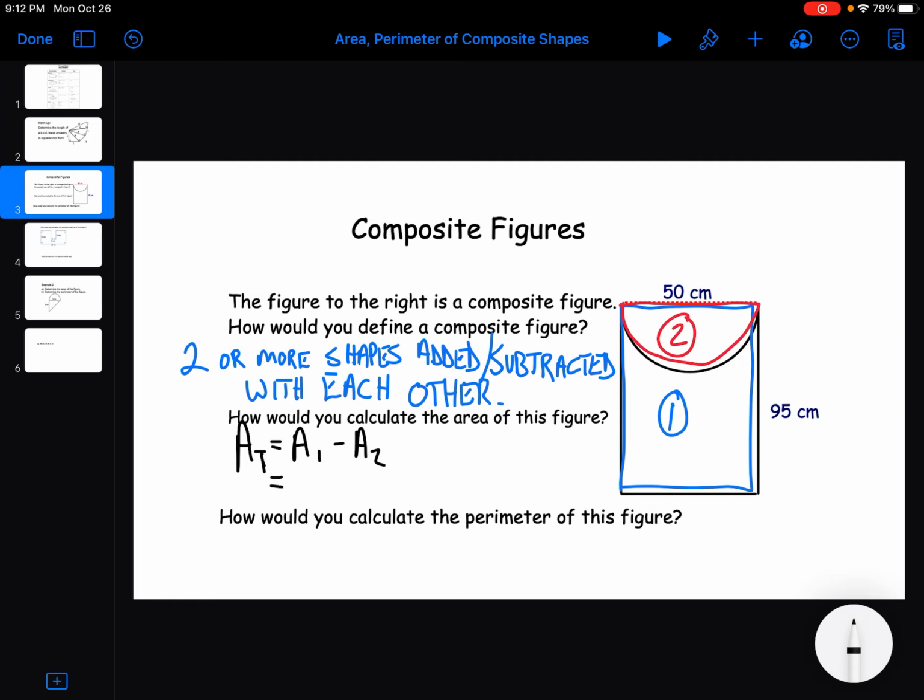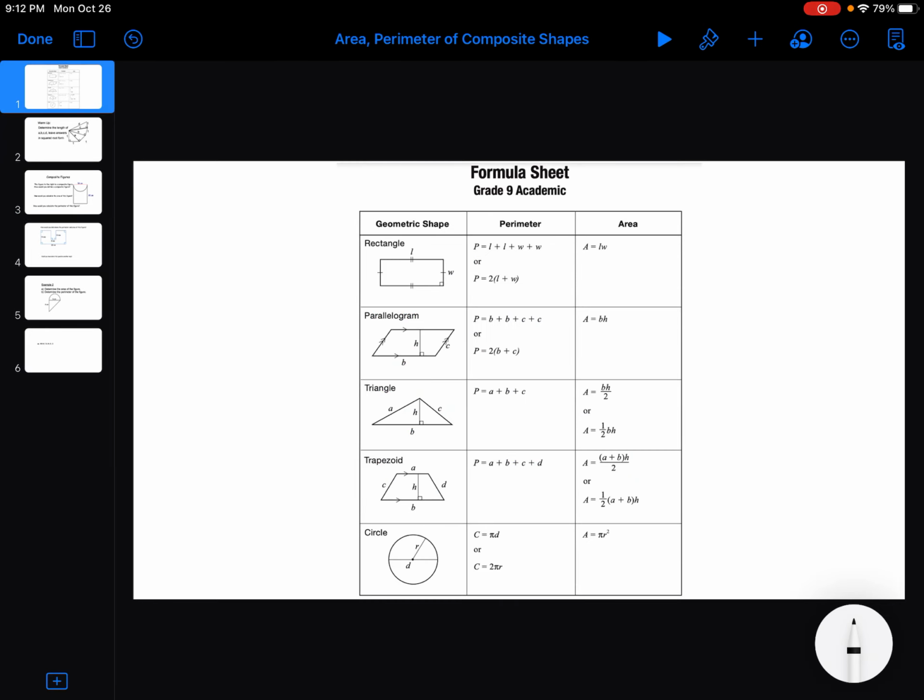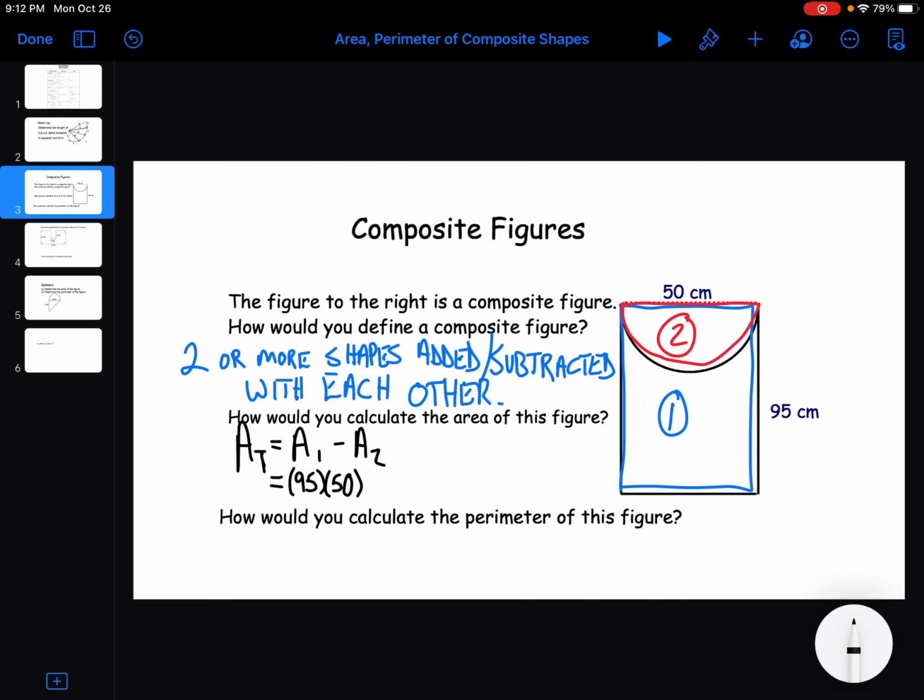Area 1 is going to be 95 times 50. A rectangle is length times width. I'm not writing out the whole formula just because we don't have space there. Minus, and then we would have pi r squared. Now r in this case is half of 50, because 50 is going all the way across.